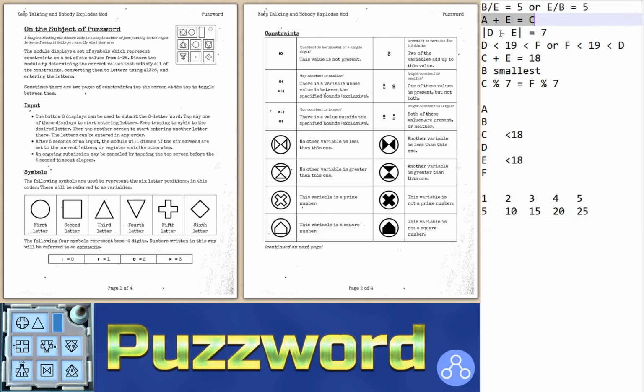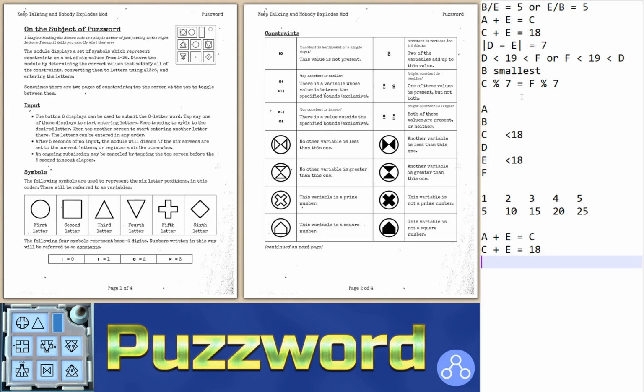Alpha plus Echo is equal to Charlie, and Charlie plus Echo is equal to 18. Aha, look at this. We can use this as a system of equations to also find a relationship between alpha and the number 18. Alright, so let's subtract these two equations. We get alpha minus Charlie is equal to Charlie minus 18.